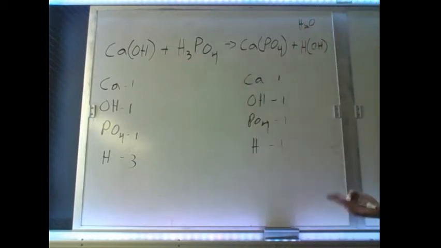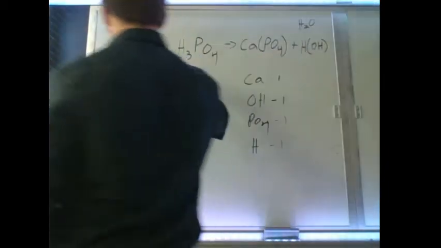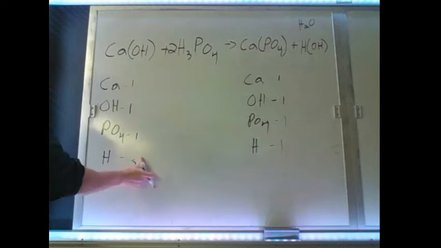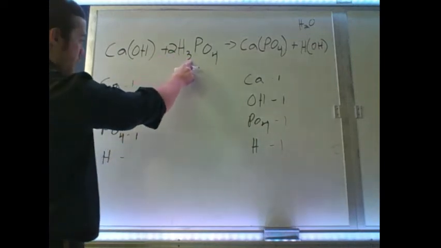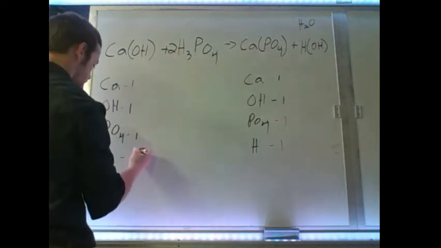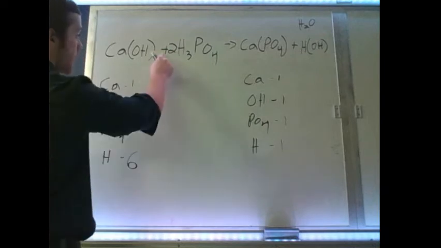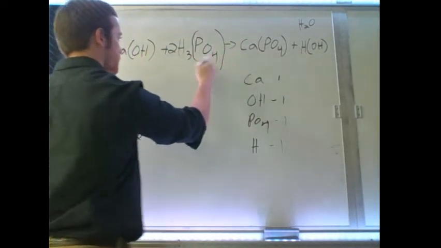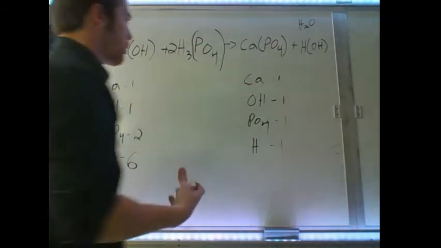So, way that we can approach this. One of the ways that I would approach this problem is I would actually first change this hydrogen over here. I don't like that uneven number, so I'm going to make that a 2. So by doing that, I'm now going to have 6 hydrogens and 2 PO4. So I'm just going to put parentheses around here to show the separation of those. So how can I offset that?